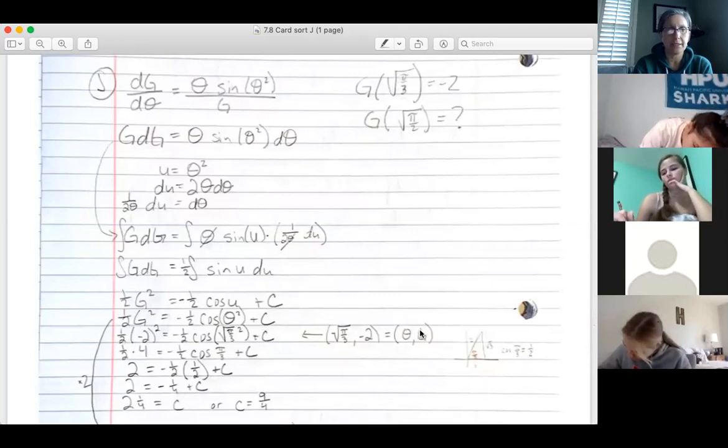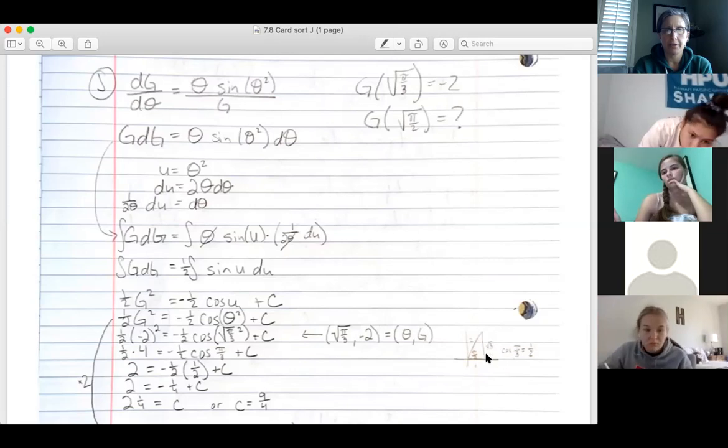So I kind of did this to help me realize that that value in the parentheses is the theta value, and that value there is the g value, because that's what g of something equals. So g is the -2. So I put the -2 into g, and I put the root pi/3 into the theta. And so that's what I did at that point. And then just simplified that.